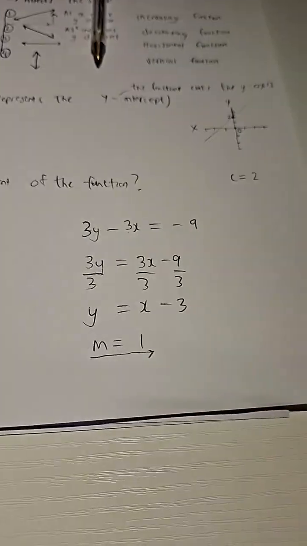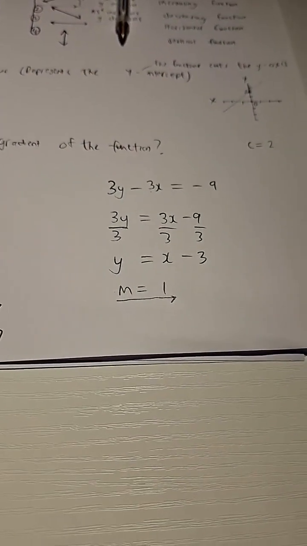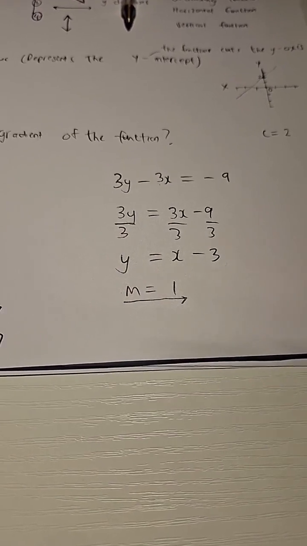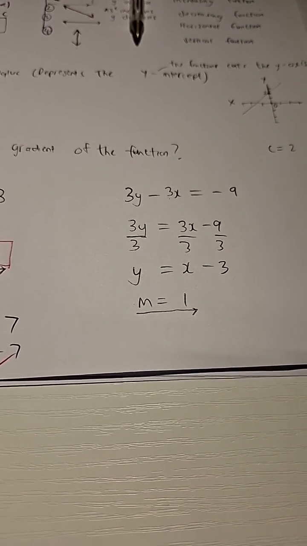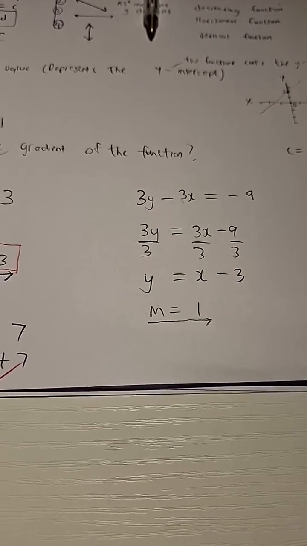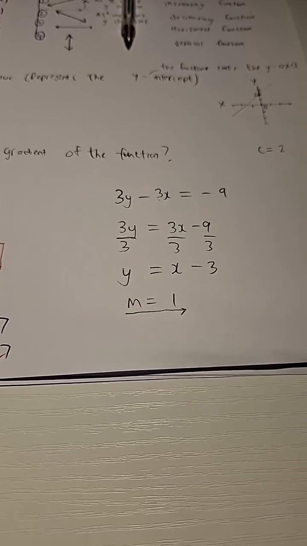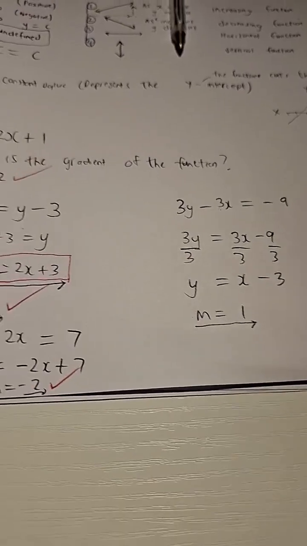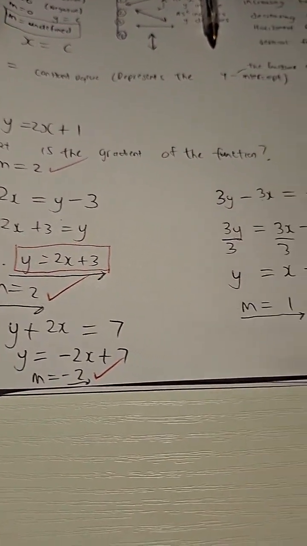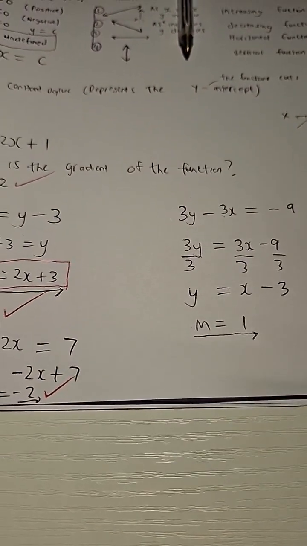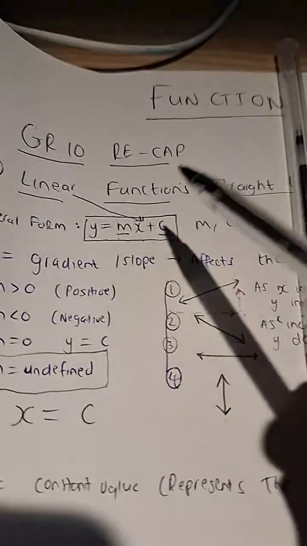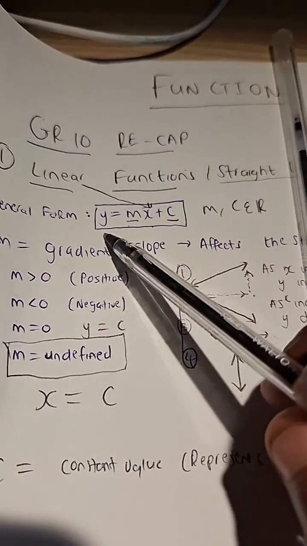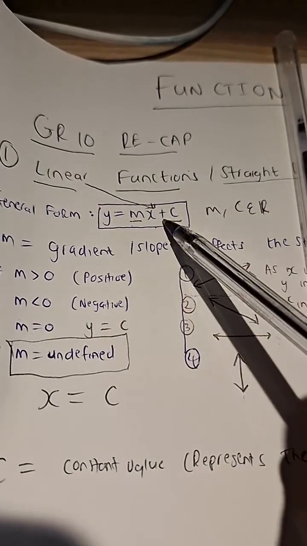Please, my beautiful people, how important it is for you to be able to see this. Because when you do, how amazing it is. All right, so please let's make sure that we are able to identify the gradient. Like I said, we've established that the straight line function has this form, y is equal to mx plus c.